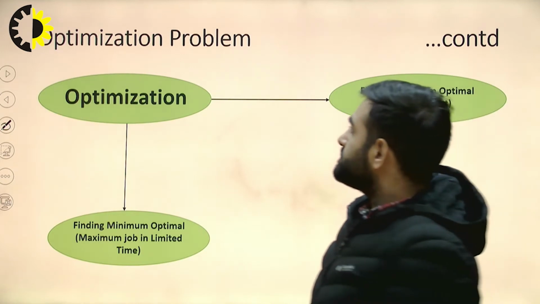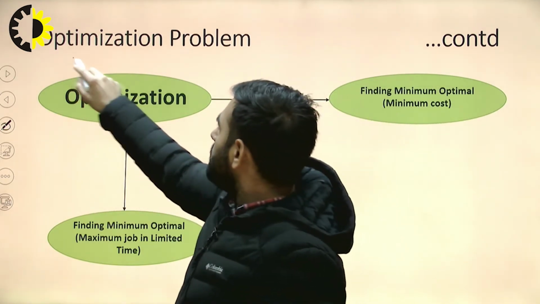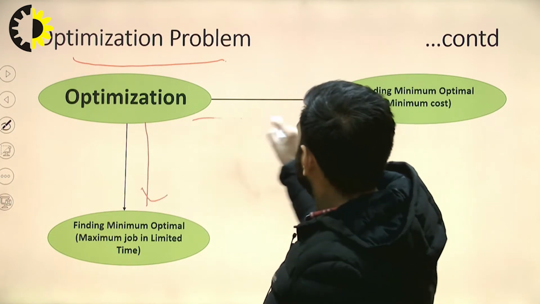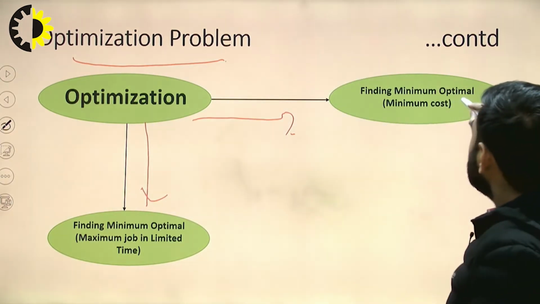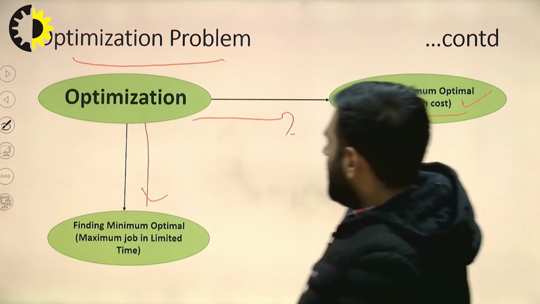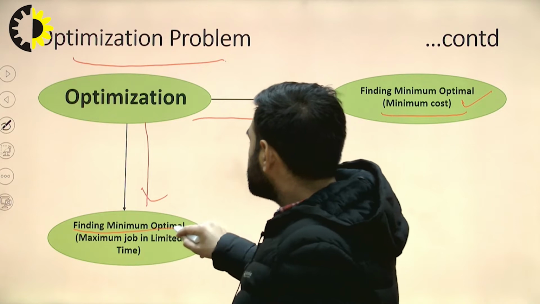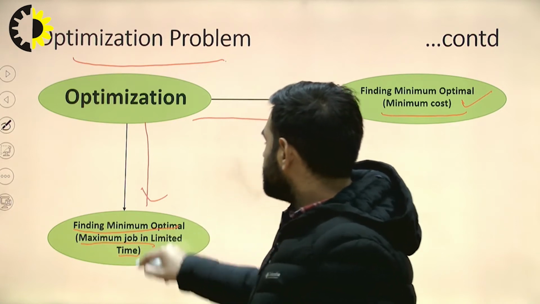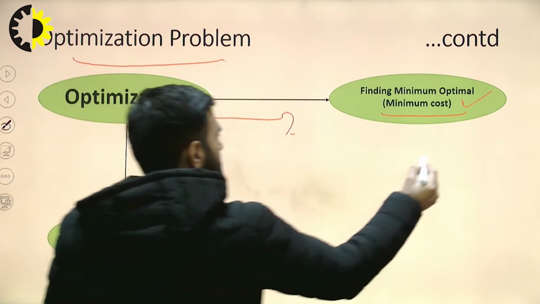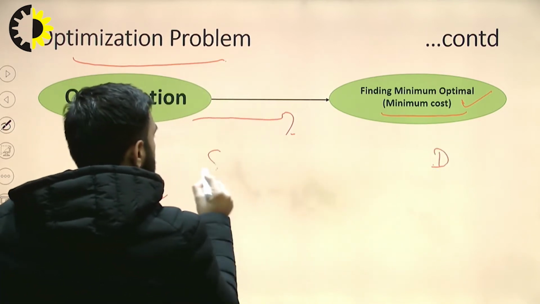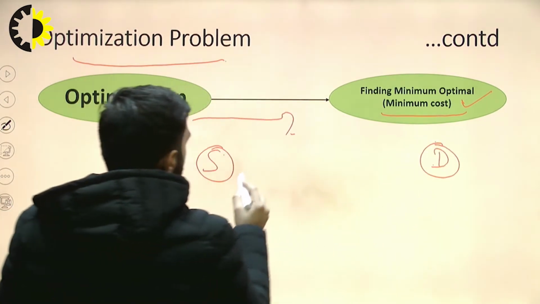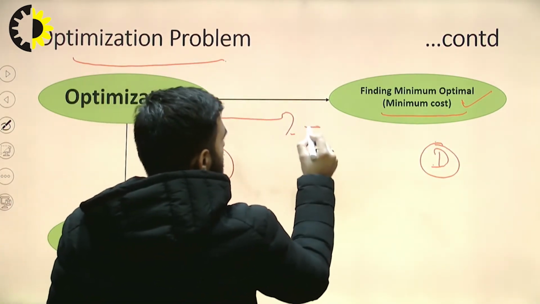Now see, in the optimization problem, we have two phases. First is finding the minimum optimal, which is a minimum cost, and second is finding the maximum optimal, which is the maximum job in limited time. Suppose we have to reach destination D from the source S. Suppose there are 5 ways to reach.